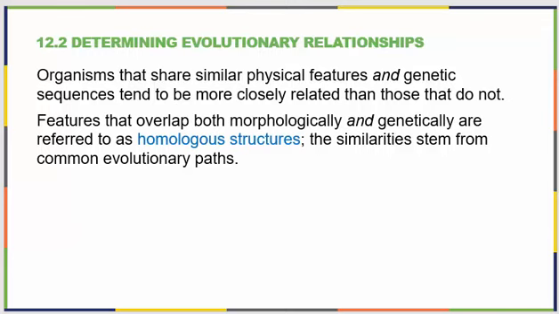We have to be really careful because we need to consider organisms that share physical features and similar genetic sequences. Because if you share both of those things, you tend to be more closely related than organisms that only share common physical features. When your leg overlaps in morphology and in genetics with a creature that's not a member of your same species but awfully similar to you, we refer to those as homologous structures.